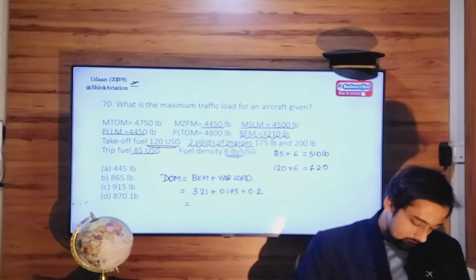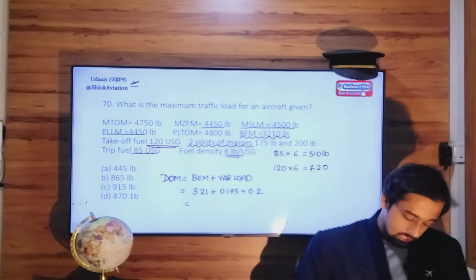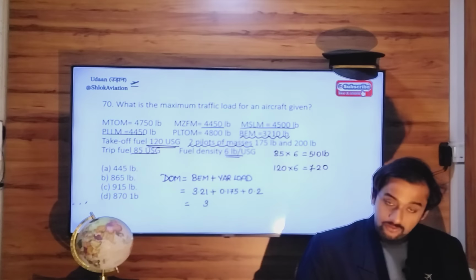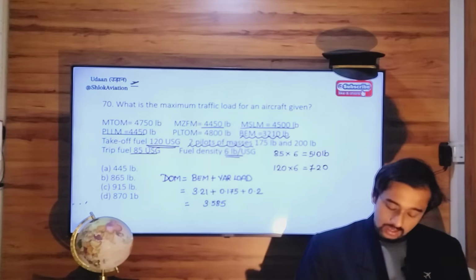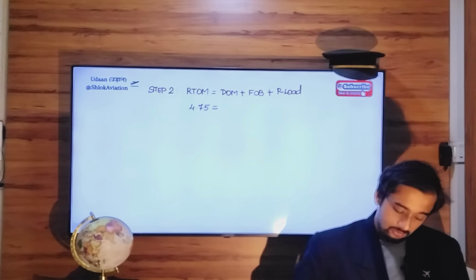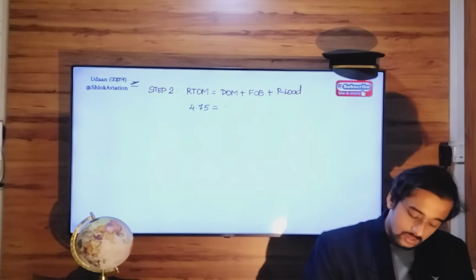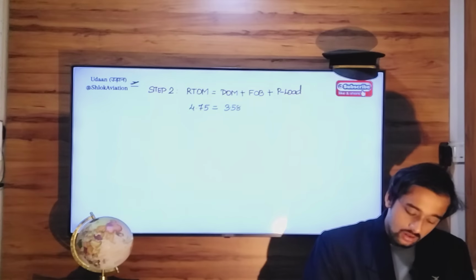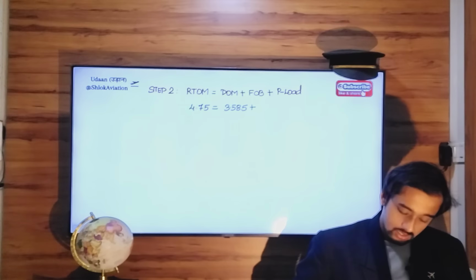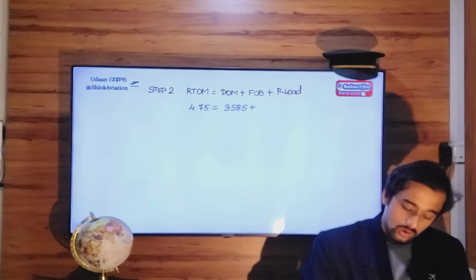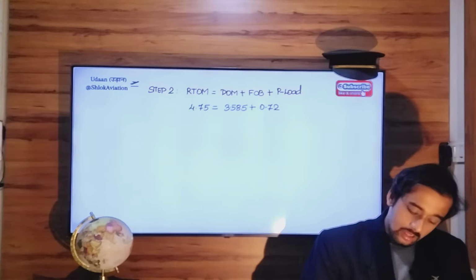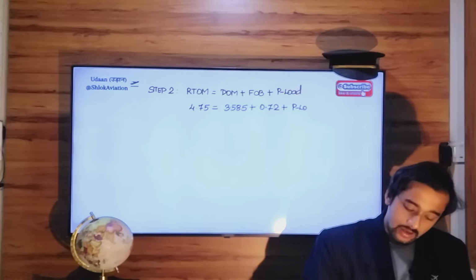So 3.21 plus 0.175 plus 0.2 equals to 3.585. So DOM is 3.585. Fuel on board is 0.72. Payload or traffic load will find out.